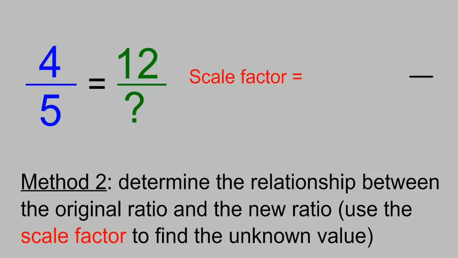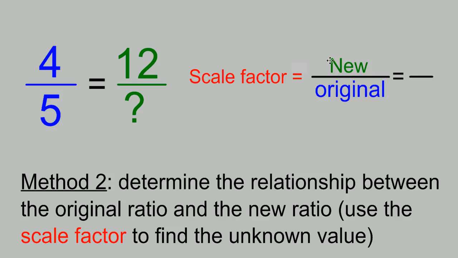The next method that we have here is to determine a scale factor, or the relationship between the original ratio and the new ratio, and then use the scale factor to find the unknown value. We can find scale factor by taking the new over the original. Well, the new term was 12.